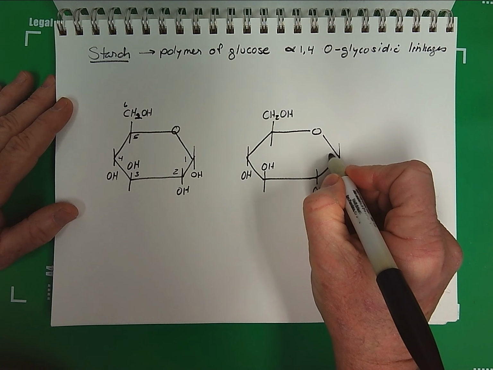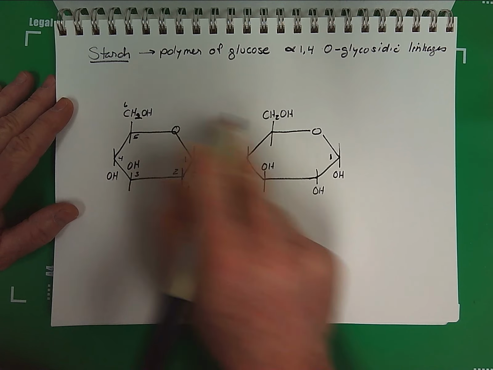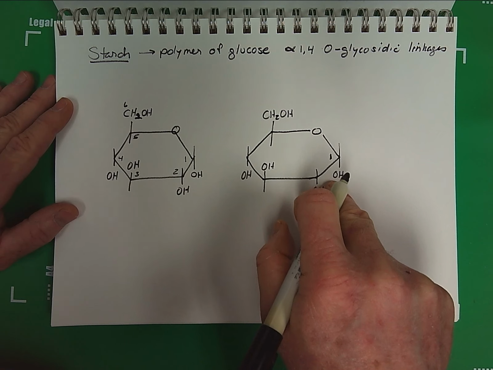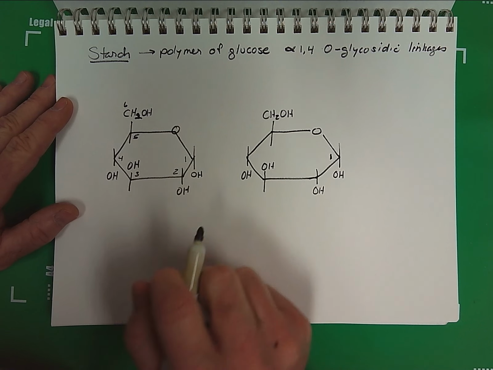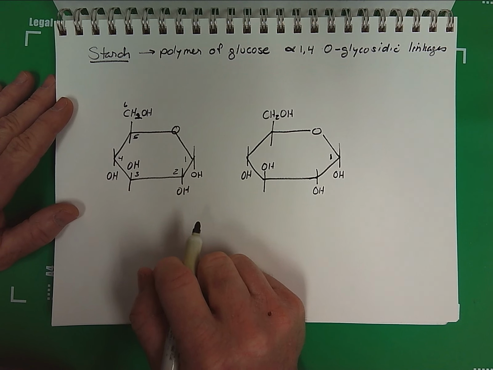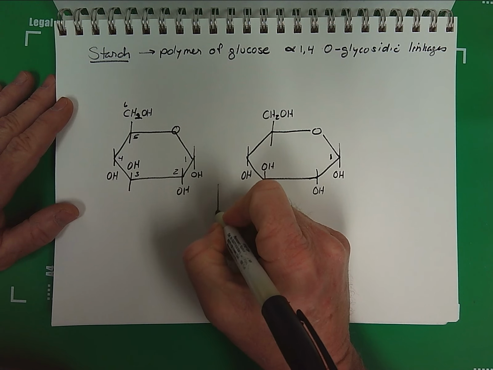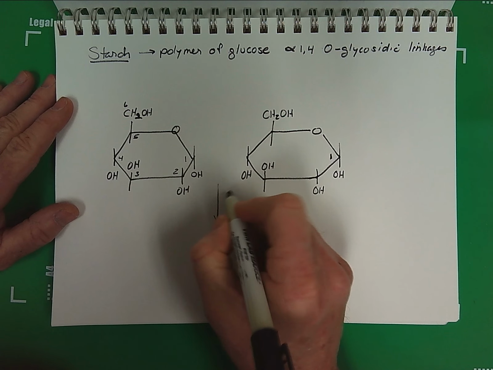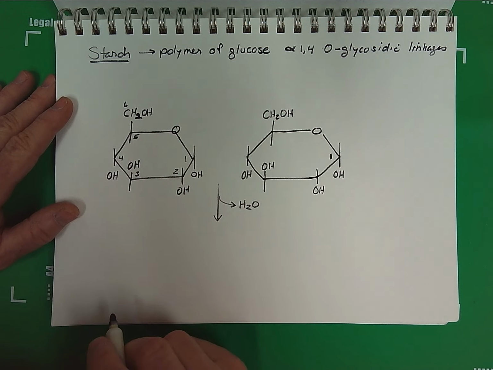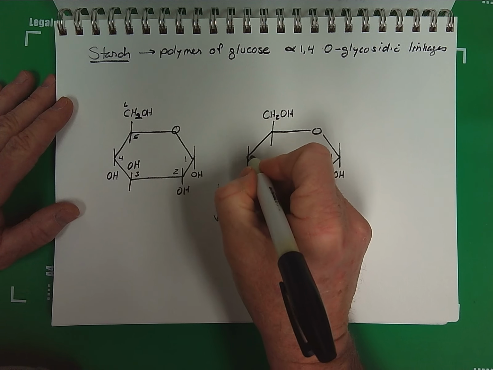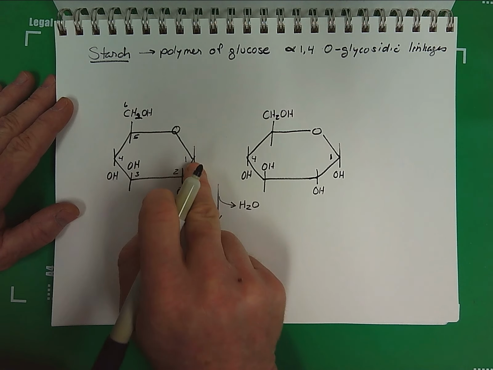Again, our number 1 carbon of the next unit of glucose in this polymer is an alpha configuration. Now, how do we link these two together? This is essentially a dehydration reaction. So we are going to be removing water in forming this linkage between the number 1 and number 4 carbons.